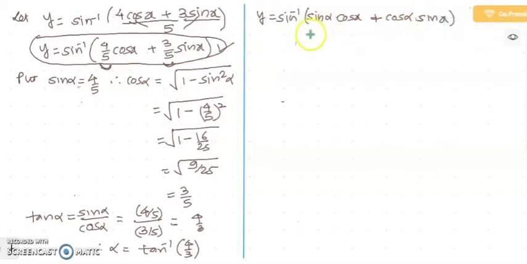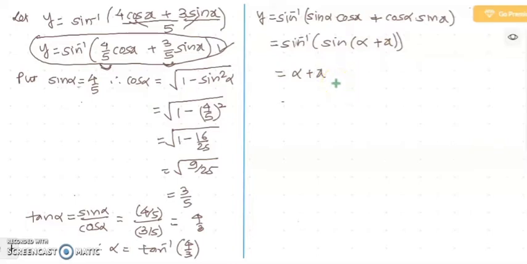Now look at this expression: sin a cos b plus cos a sin b, isn't it? Sin alpha cos x plus cos alpha sin x. That is sin of (a plus b), meaning alpha plus x. So this will be written as sin inverse of sin of (alpha plus x).